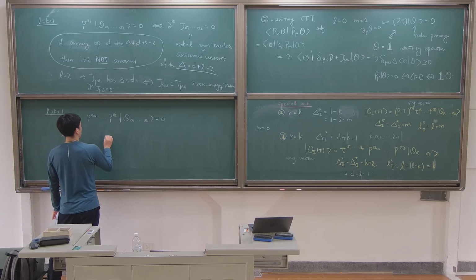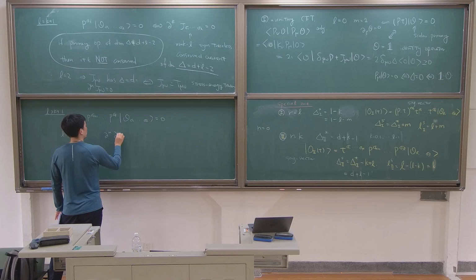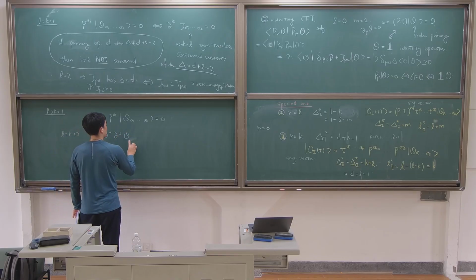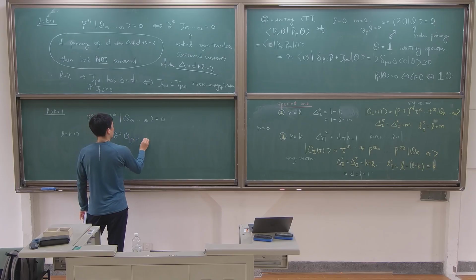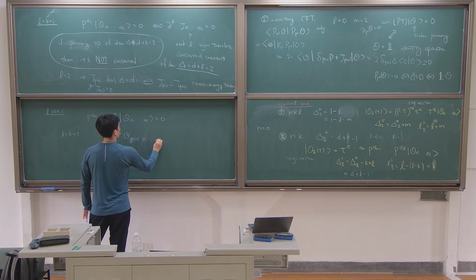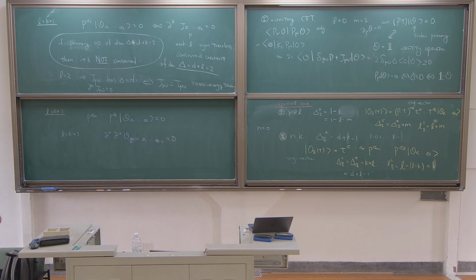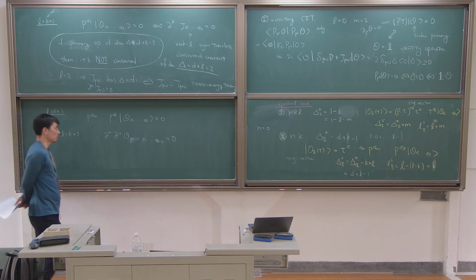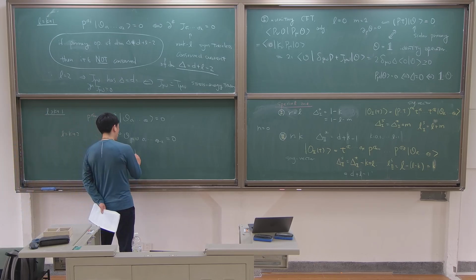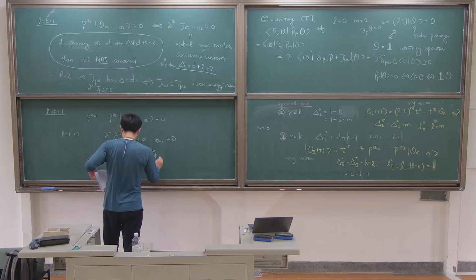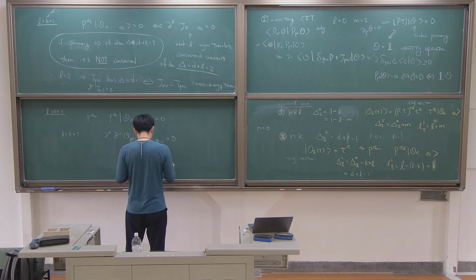In this case, we have the following operator. Therefore, this operator is often called a partially conserved current.